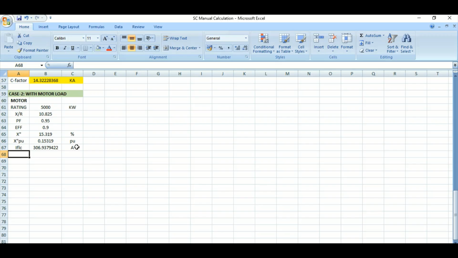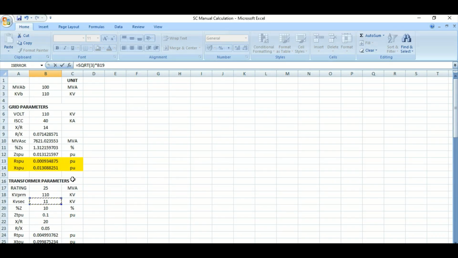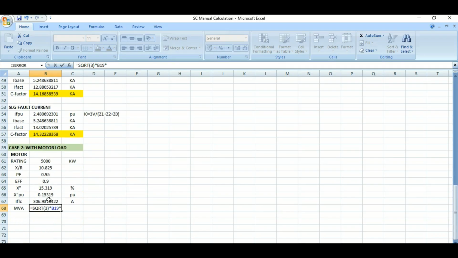So what is motor MVA? That equals root 3 into voltage into full load current. Root 3 into voltage, voltage is 11 kV, into full load current.